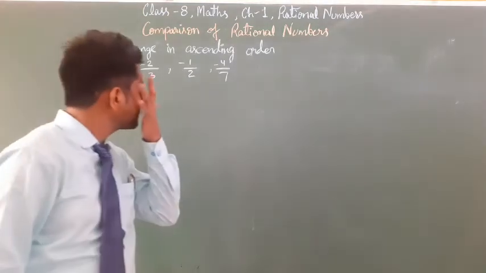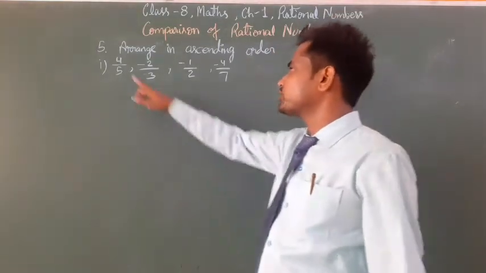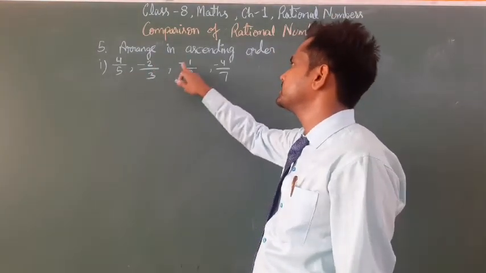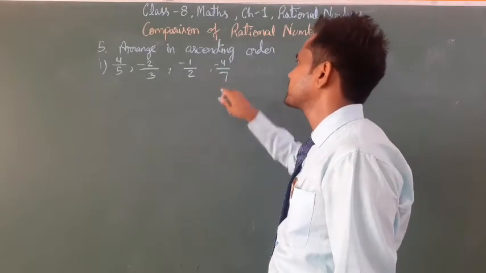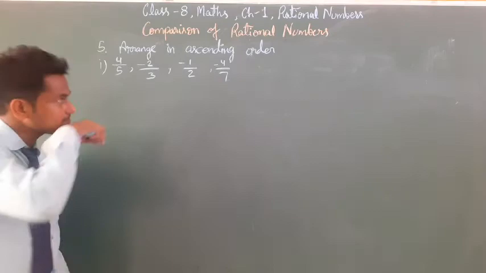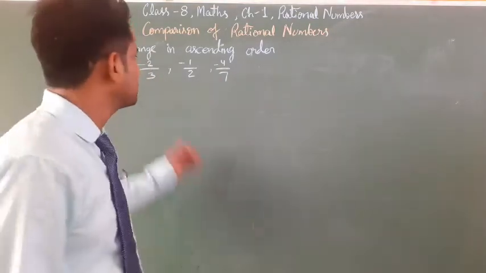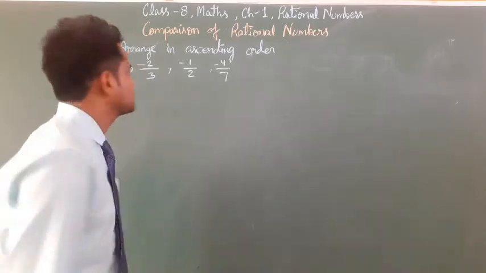Question number 5. Arrange in ascending order: 4 by 5, minus 2 by 3, minus 1 by 2, minus 4 by 7. First, you have to make the denominators of all the rational numbers the same.